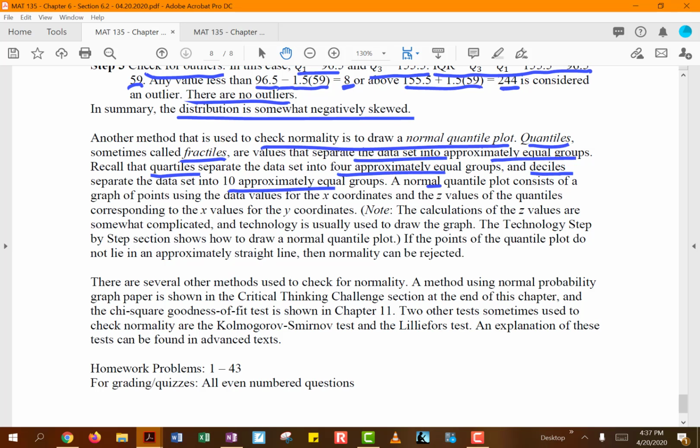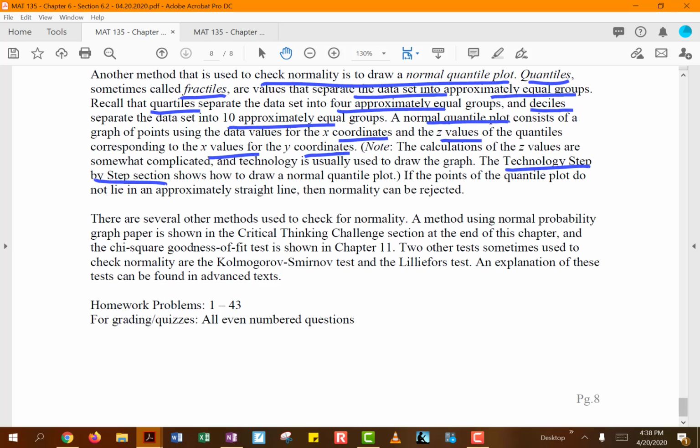And they're saying a normal quantile plot consists of graphing points using the data values for the x coordinates and the z values of the quantiles corresponding to the x values for the y coordinates. We're not really going to be using the normal quantile plot in this section, but if you are interested in how to draw these normal quantile plots, in the technology step-by-step section at the end of section 6.2 you can see how they draw it.